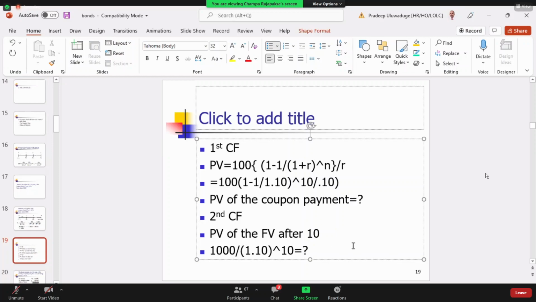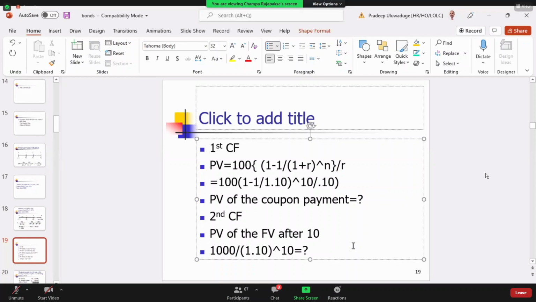You add these two together, you get the present value of the cash flows generated by this coupon bond, right? In the earlier examples, there was only one cash flow each. For the zero coupon bond, the maturity value, and for the perpetuity, we had only the interest flow.